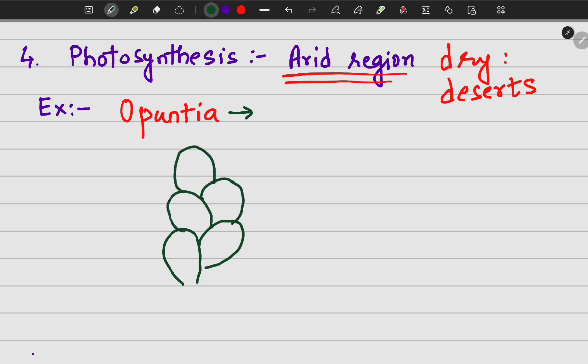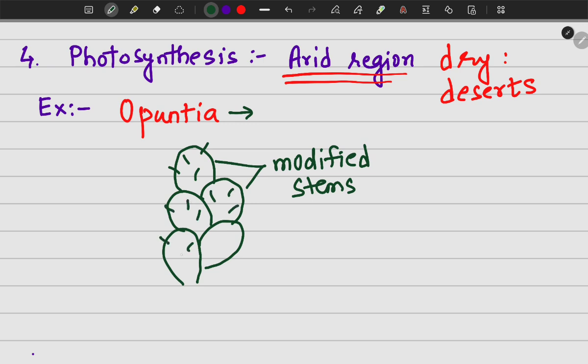So these flattened structures which we see are actually modified stems. And then these structures have thorns in them. These thorns are nothing but modification of leaves, which we will study further when we study about leaves.